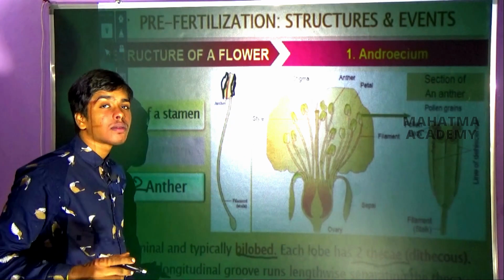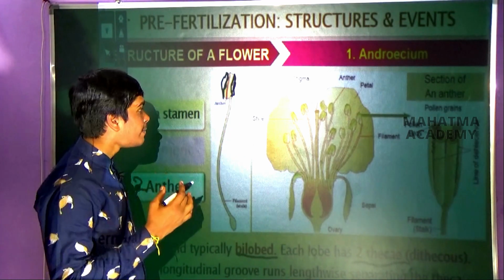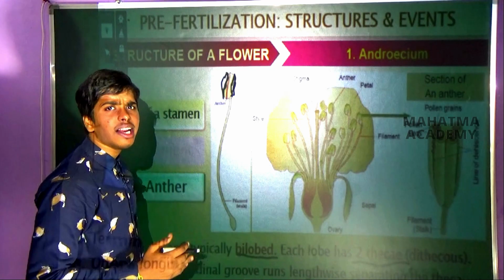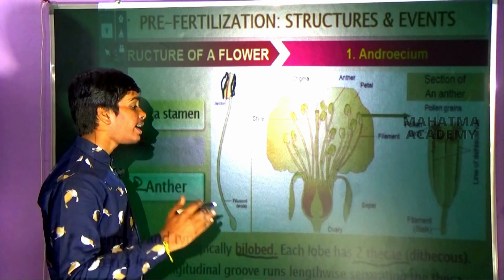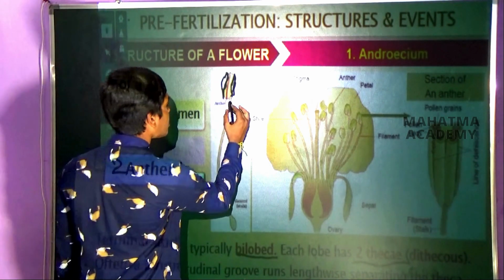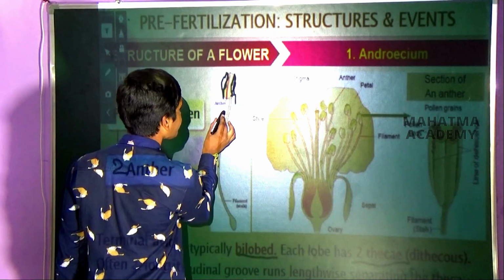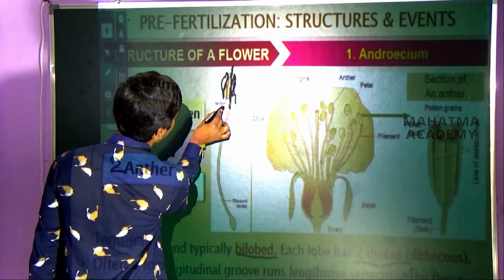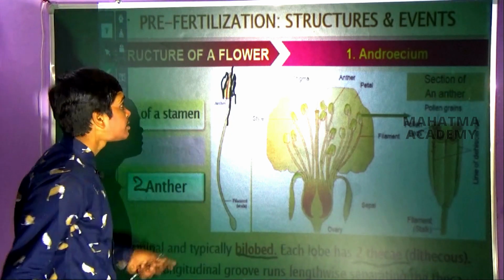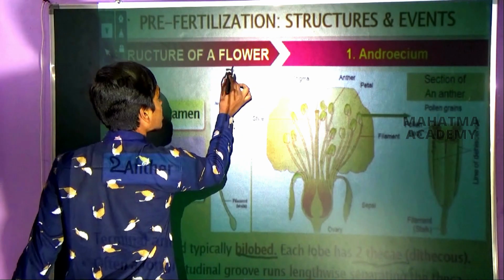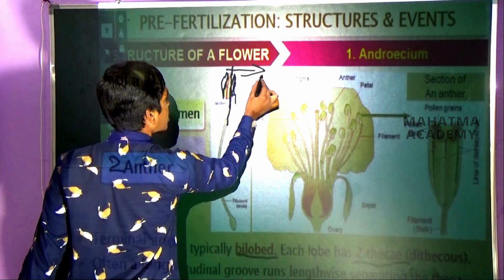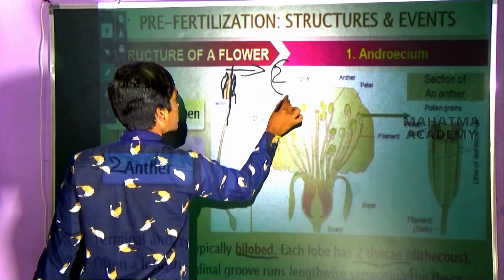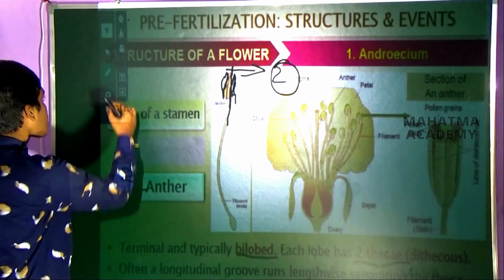The groove of the filament divides the anther into two parts, separating the thecae. Look, this part. This one separates the anther into two. Okay.